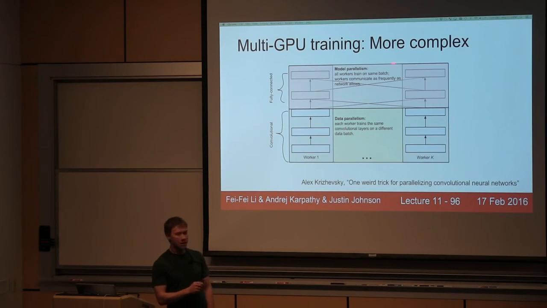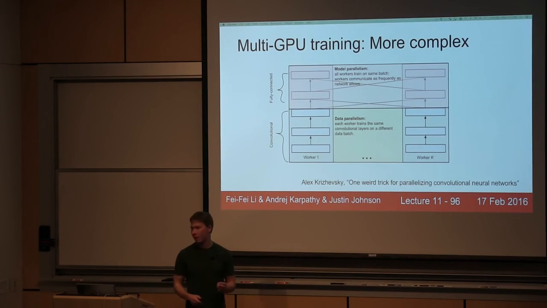But once you get to the fully connected layers, he found it's more efficient, because those are just really big matrix multiplies, to have the GPUs work together to compute the matrix multiply. So this is kind of a cool trick. It's not very commonly used, but I thought it's fun to mention.